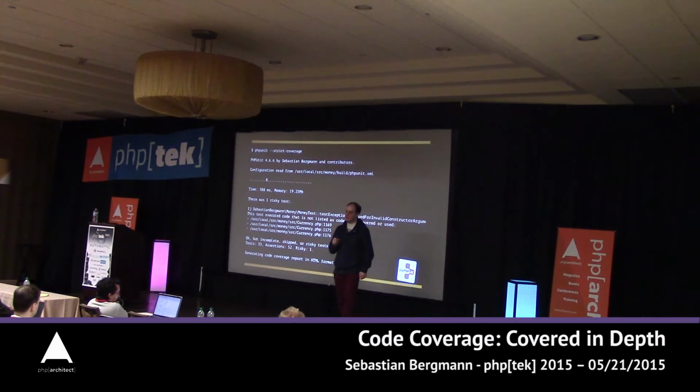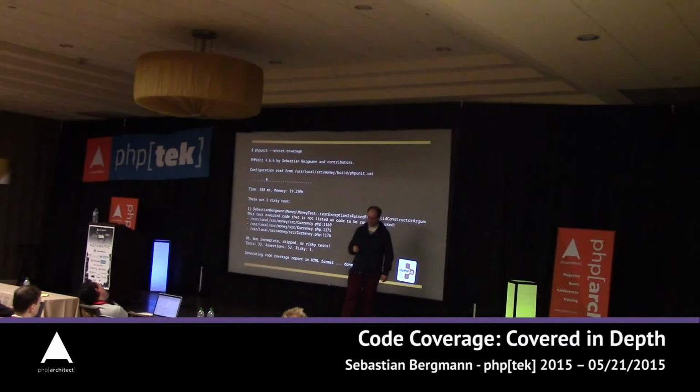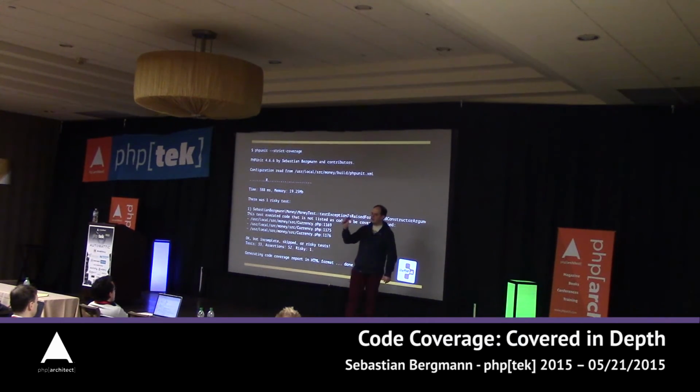What strict coverage does is, if you have a test like this one that says I'm only interested in code coverage for this particular method, and such a test executes other code than what you're interested in, it will mark this test as being risky. And it will tell you, I consider this test to be risky because it executed code that it did not expect to be executed. So it's not a failure, it's not a success, it's just, this looks wrong to me.